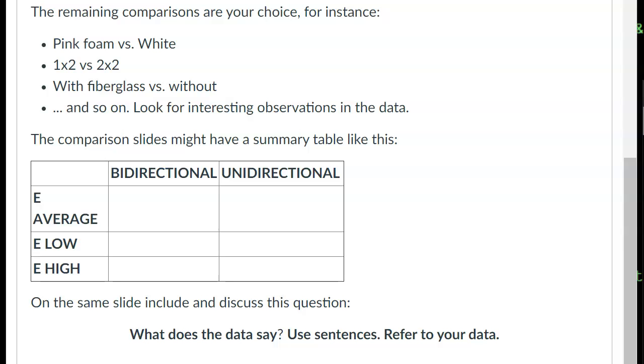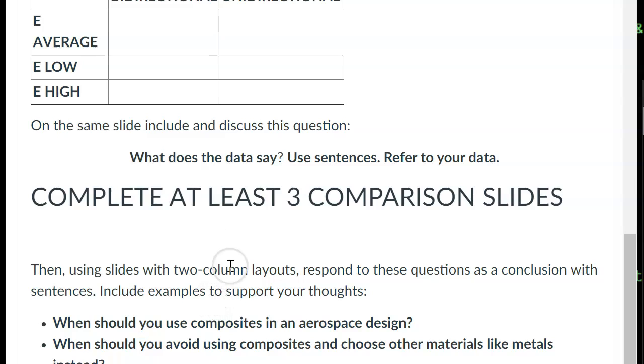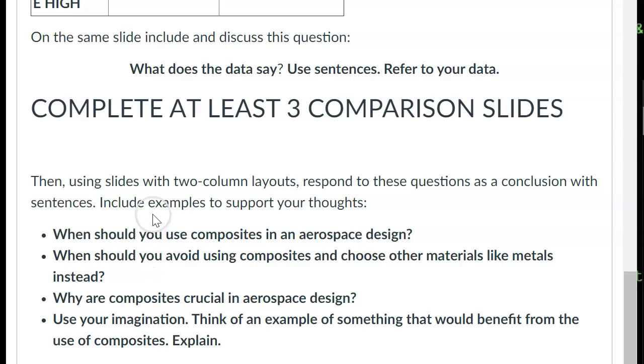Okay, and I want to know what you think it is saying. You have to do at least 3, but if you see some more that you want to explore, feel free to do more. So at least 3 comparison slides that include a table and a discussion of what the data says.